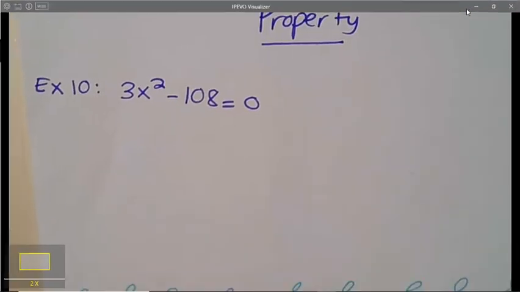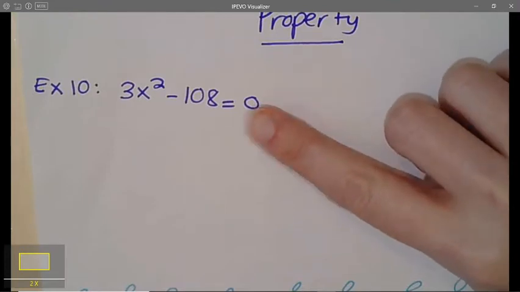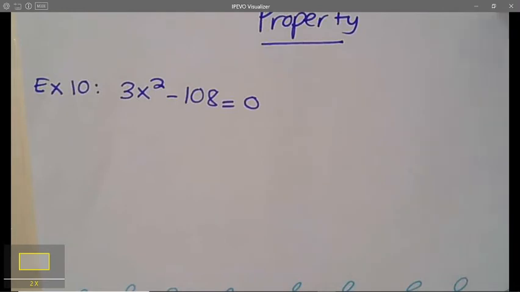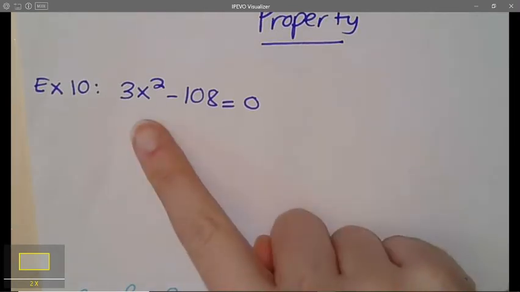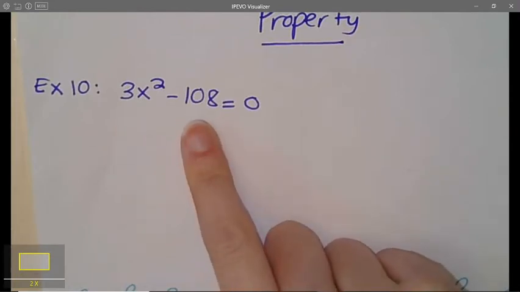All we're going to be doing is solving for x. And remember, since our equation equals 0, that means our y is secretly 0. So we're still solving for the zeros, the roots, x-intercepts, or solutions, which you guys are used to doing. So let's solve this for x. I'm trying to get the x squared term on one side by itself. Currently, this negative 108 is getting in the way.